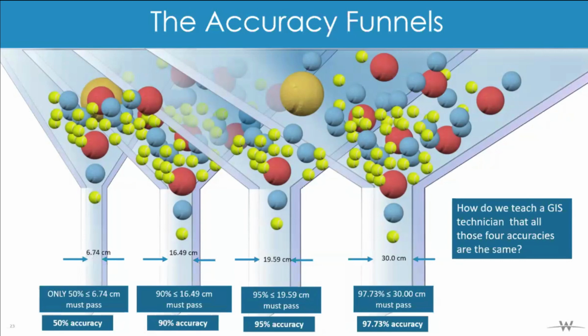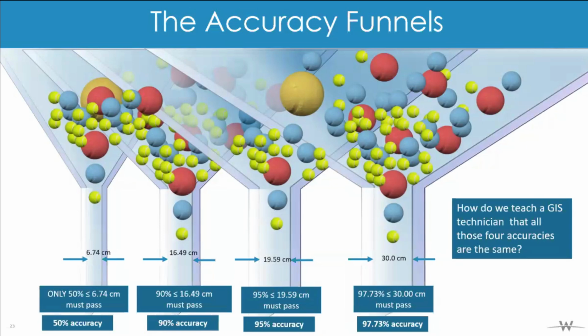While a looser tube of that funnel, 16.49, is looser, but you require about 90% of these error balls to pass through it, and so on. When you go to the 30 centimeter, it's a very loose, very big tube, but almost 98% of all the errors have to fall within that.